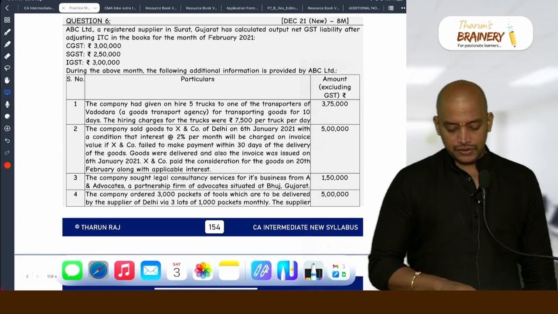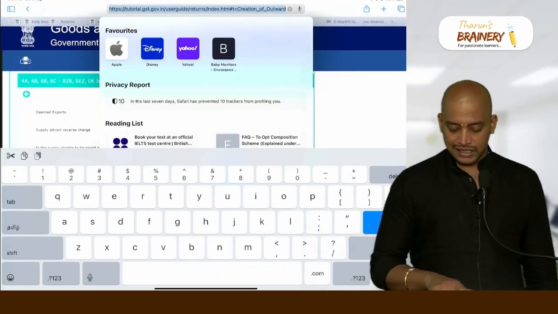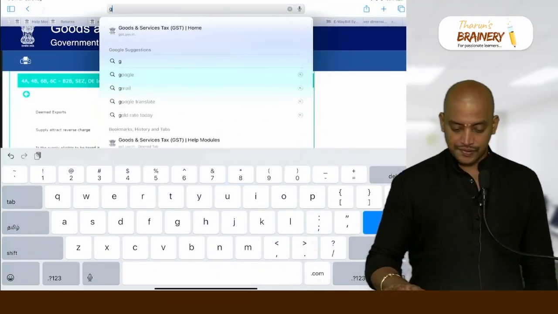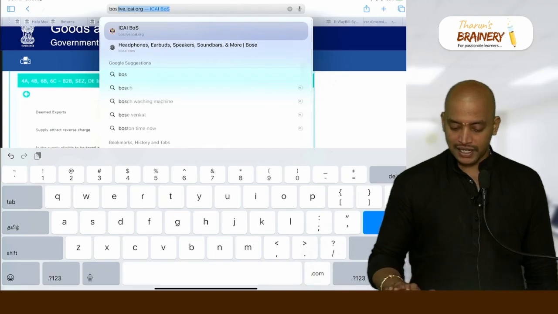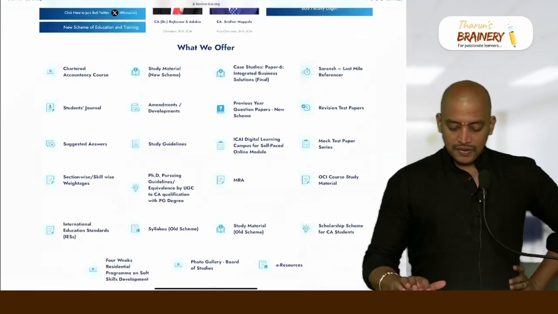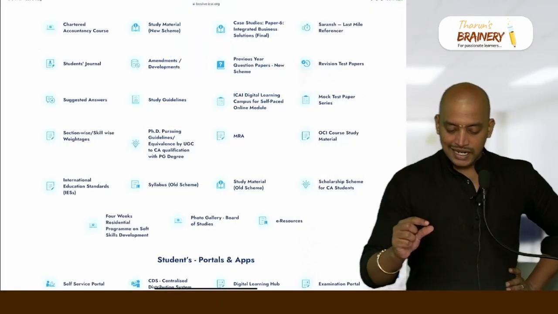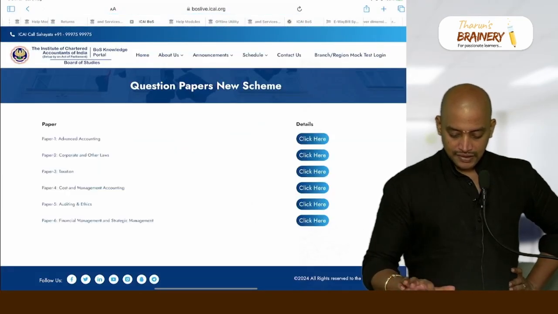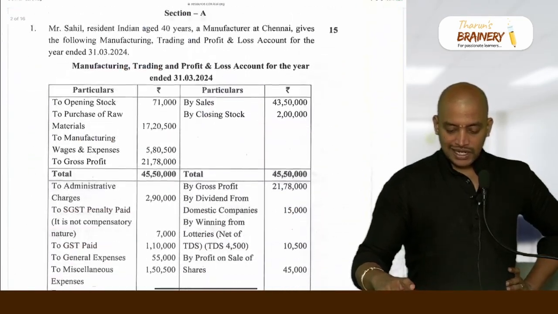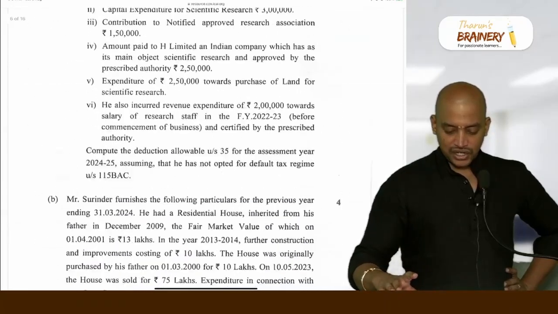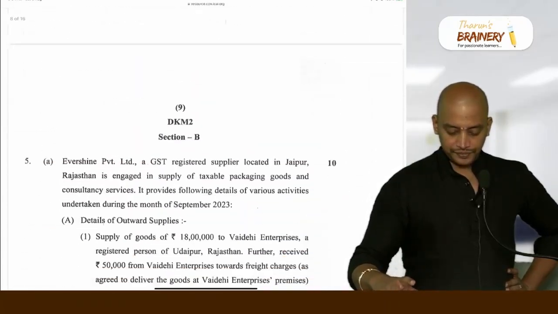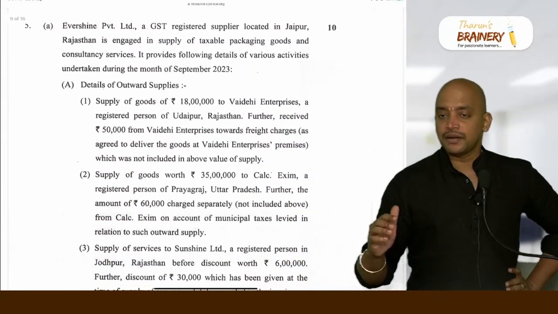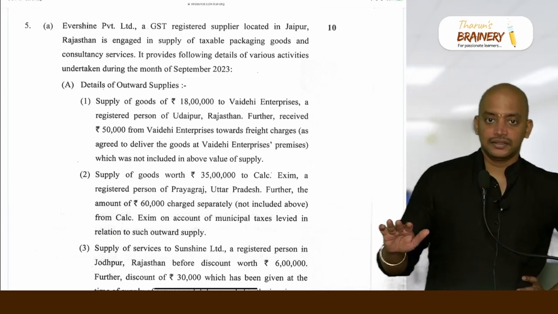Recently also they gave this type of questions, May 24 exam, but they increased the marks. What they did is that section B, they made it 10 marks, but the same style.